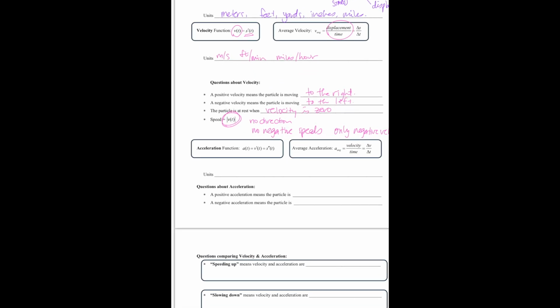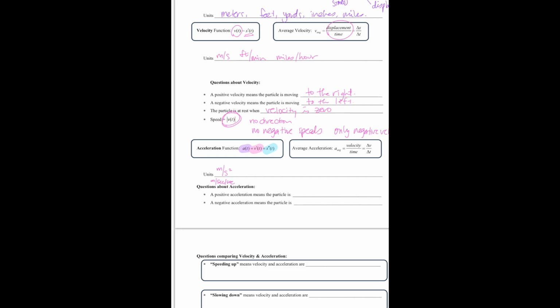All right, next, let's talk about acceleration. Again, a lot of notation here. Acceleration is represented by the letter a, and it is the first derivative of velocity or the second derivative of position. The units, just as examples, are meters per second squared, which can also be written as meters per second per second.